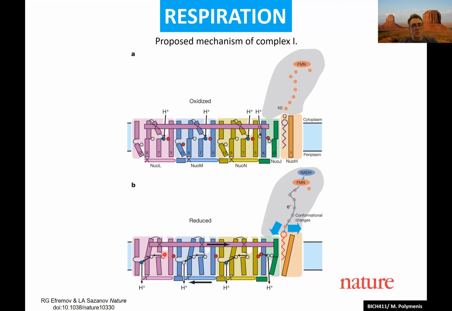And now the protons, almost exactly like a series of dominoes, can actually find their way to the outside. And this is how electron transport is coupled to conformational changes and to net proton movement across the membrane.